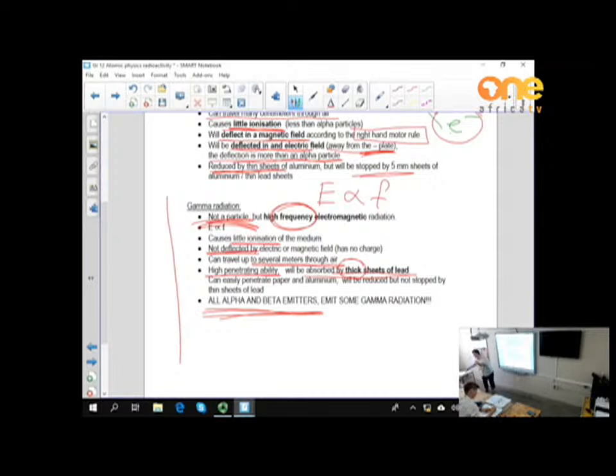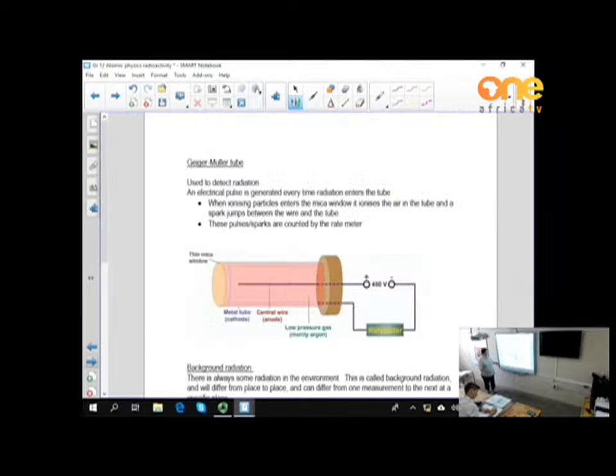So the protons and neutrons that are left have to rearrange to fill up that hole. The moment they do that, they give off a burst of gamma radiation. Alright, so any alpha or beta emitter will give off gamma radiation, and then we find that some other elements, without being alpha or beta emitters, will give off gamma radiation. Alright, we will stop.